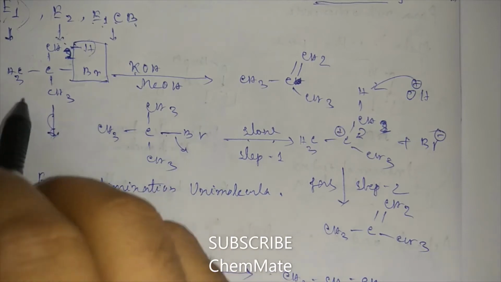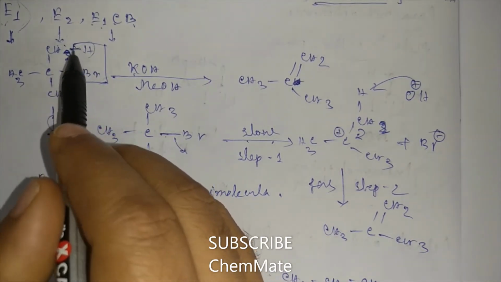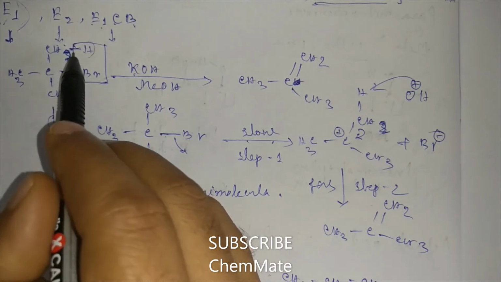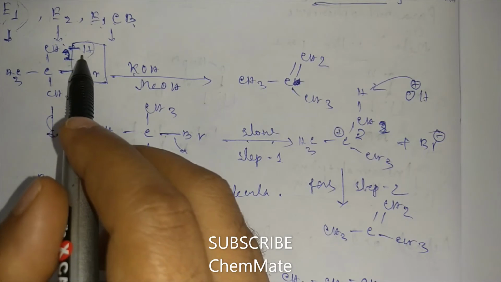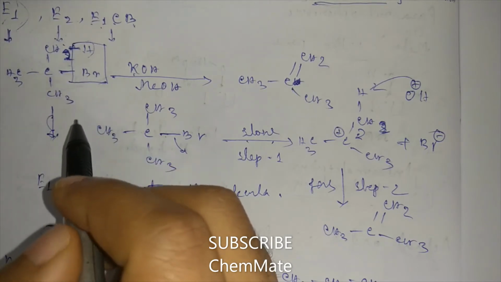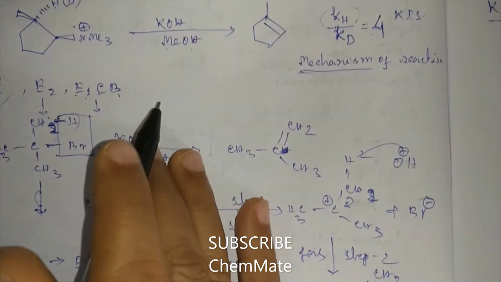Again I am telling, if we replace one bond which is breaking or forming in a reaction, then if we observe any difference in rate, that is called kinetic isotope effect.